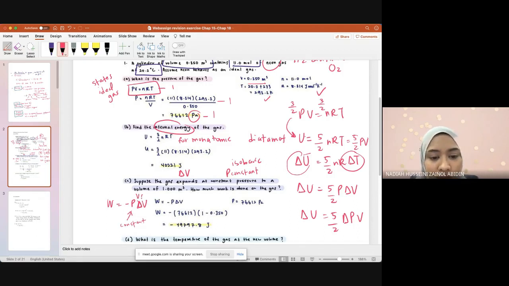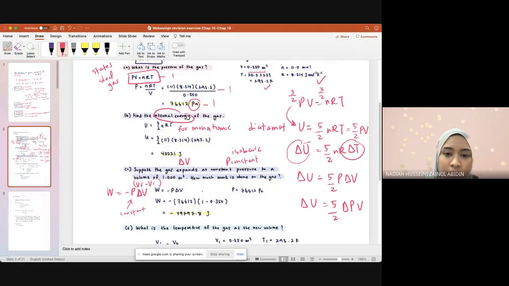It is V final minus V initial. So what is V final? It is 1000, 1 meter cube minus 0.35. And pressure kita dah cari tadi, 7661 Pascal. Okay, so pressure punya SI unit is in Pascal, not in ATM. So you need to convert it kalau dia orang kasih ATM.